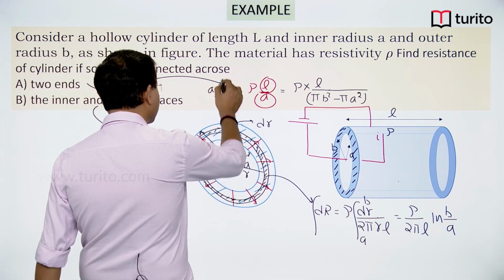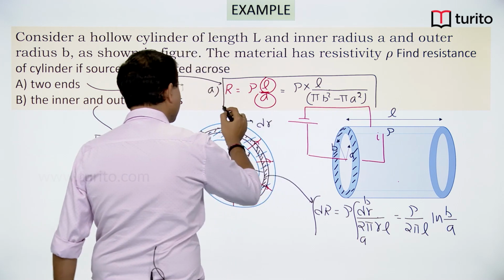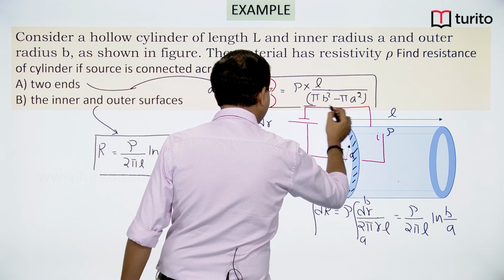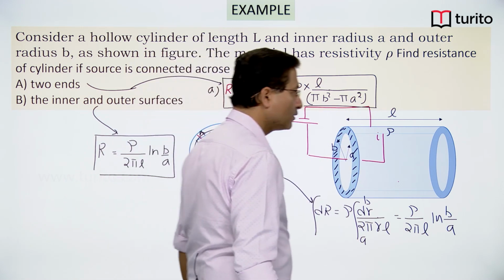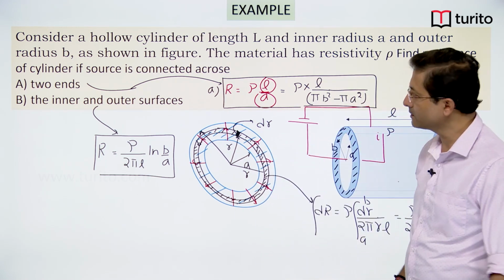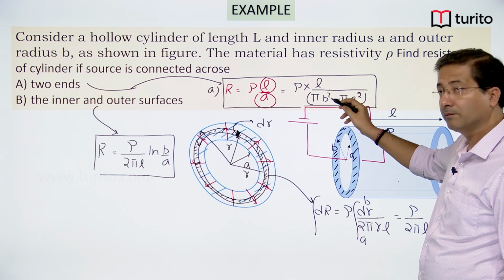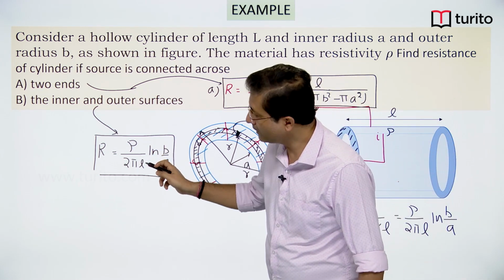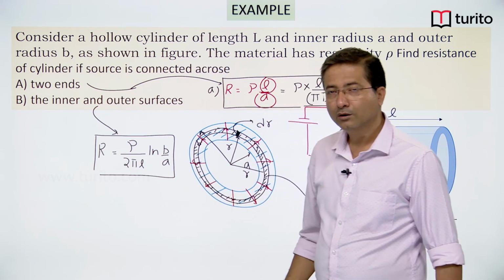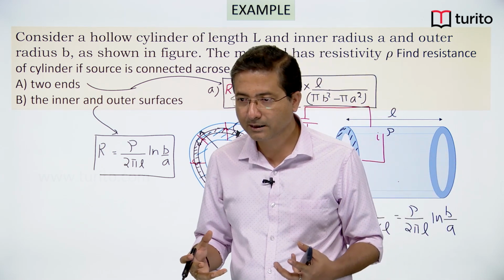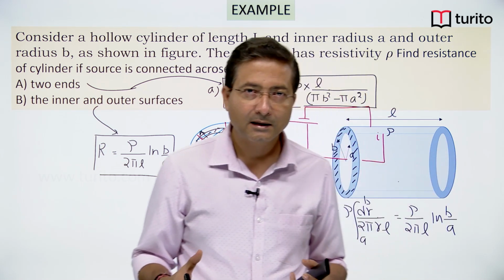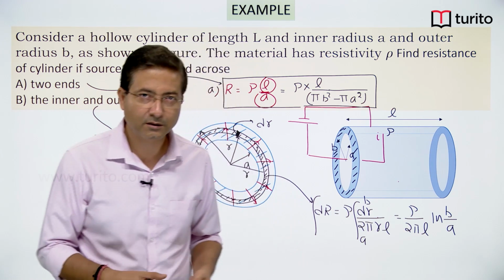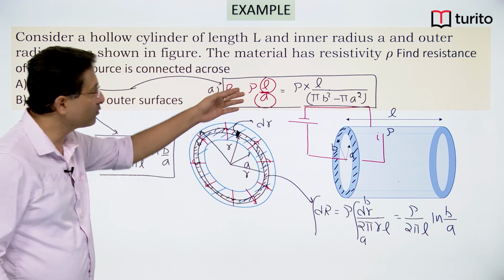Earlier we were getting something else. In the first case, rho L upon pi into b square minus a square, and in the second case, rho upon 2 pi L ln b by a. That means for a given material it also matters how current flows, and accordingly you are going to get the resistance.